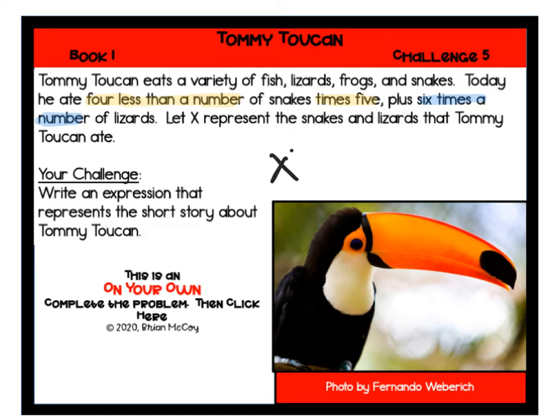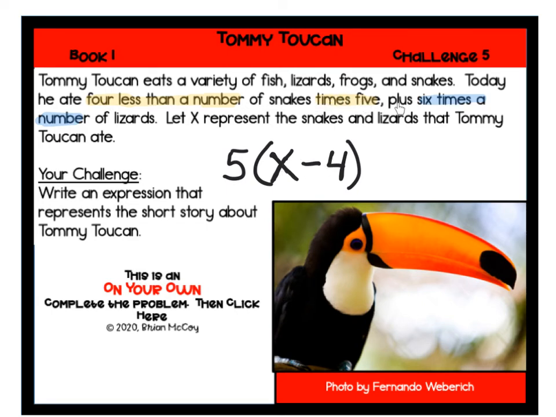So then I've got to subtract 4 because 4 less would be minus, right? So minus 4. But then I've got 5 times this entire section, right? So I'm going to actually put this in parentheses, and I've got 5 times the quantity of x minus 4, right? So I've got 4 less than a number right here, and that all gets multiplied by 5.